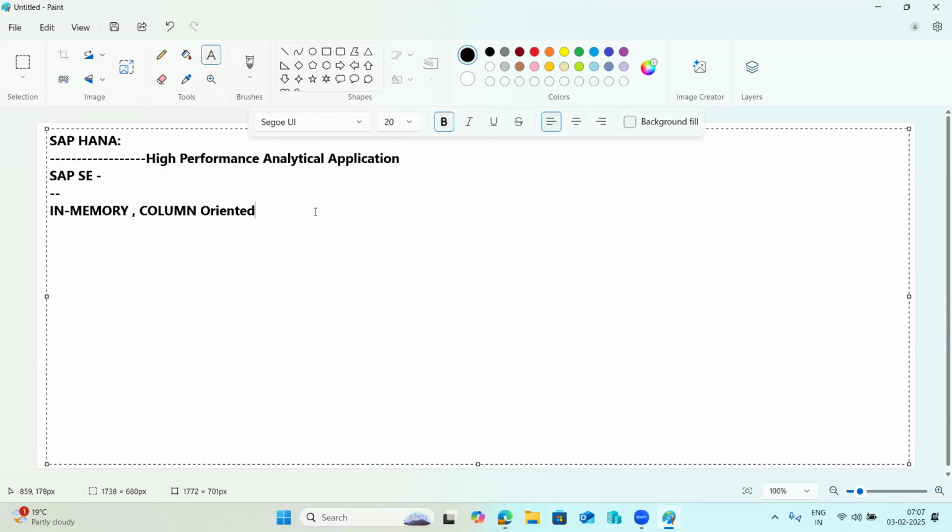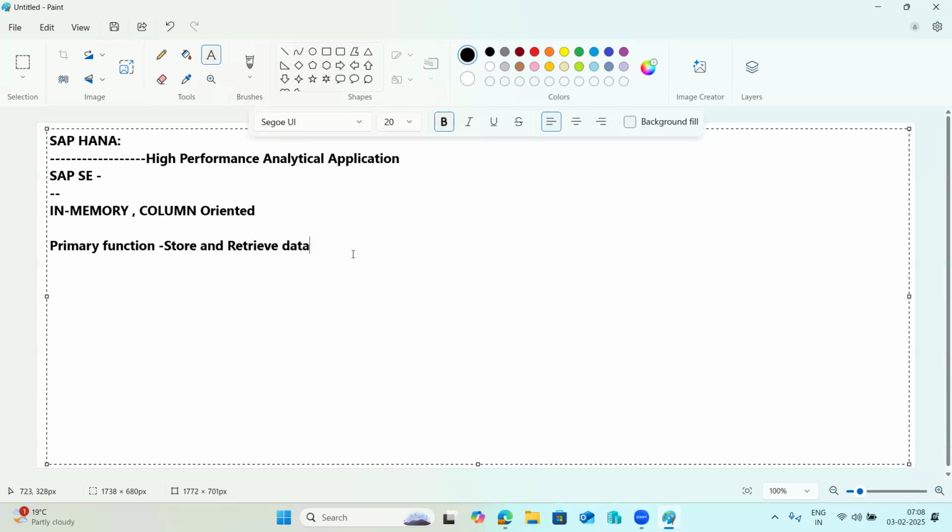What is the primary function of a database? The primary function of software running on the database is to store the data and retrieve the data as requested by the application. It stores the data coming from the application, and the same data should be retrieved as requested by the applications.